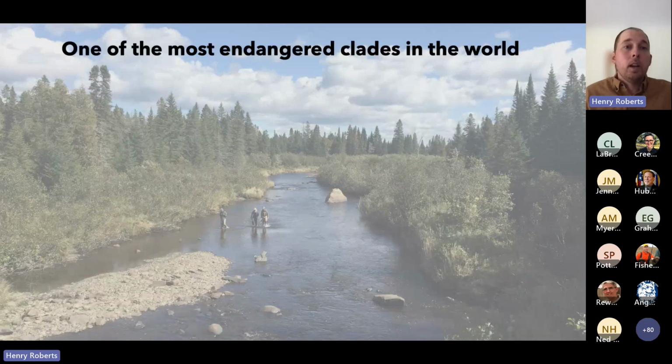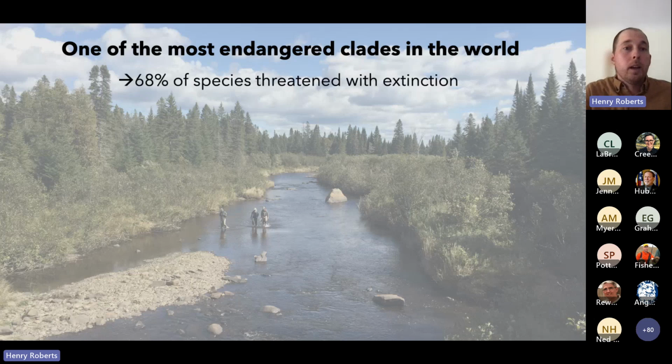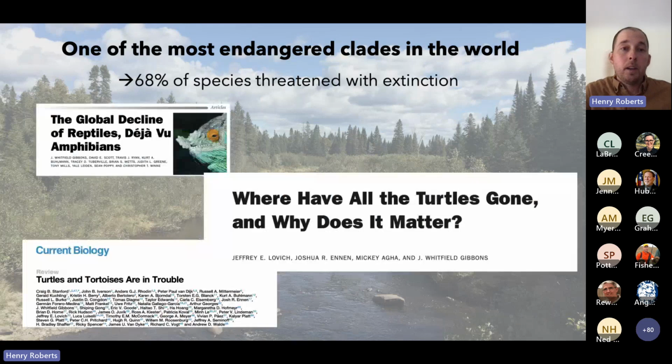So as a result, many of the experts in the field have suggested that this is one of the most endangered vertebrate clades in the world. About 68% of species are threatened with extinction, and there have been a number of high-profile papers that have tried to draw attention to this real conservation crisis.